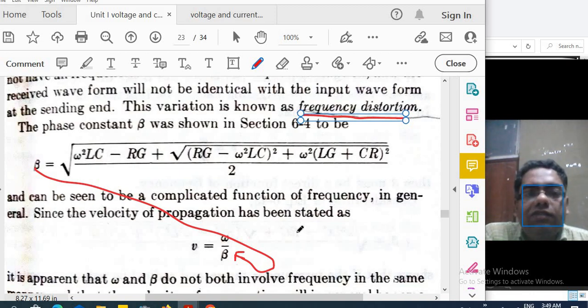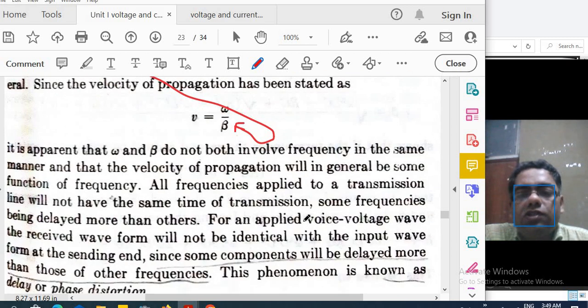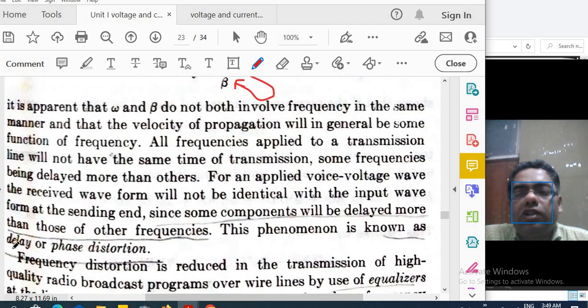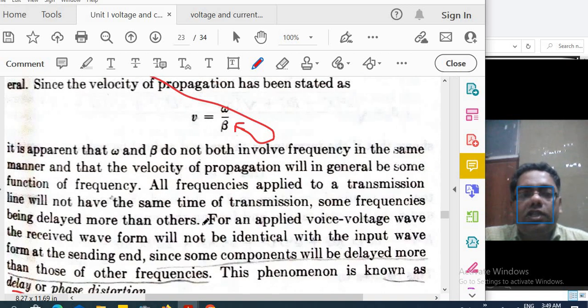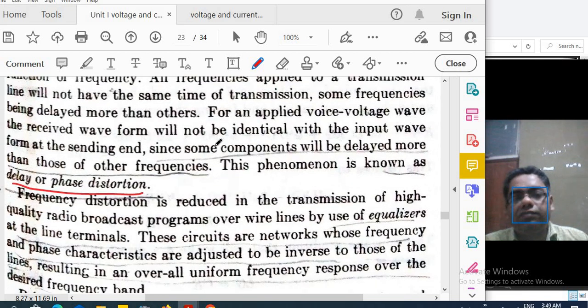So on the receiver side, some frequency components will come early and some will come late. This gives rise to delay distortion, also known as phase distortion. If different frequency components of our voice come at different times, our voice waveform will get totally distorted.